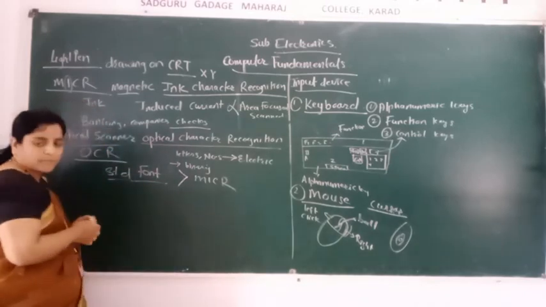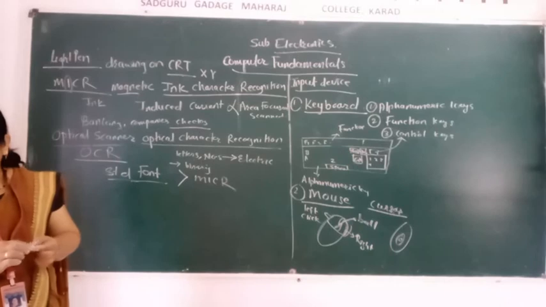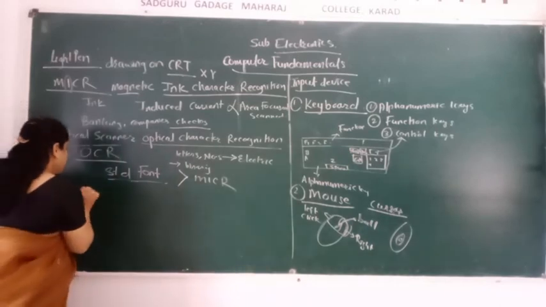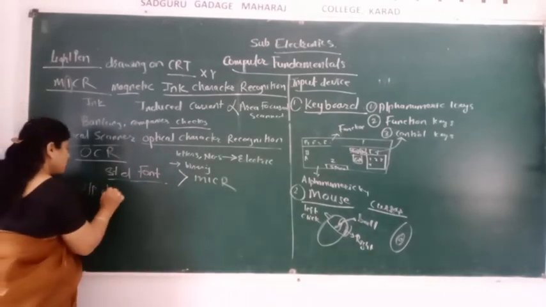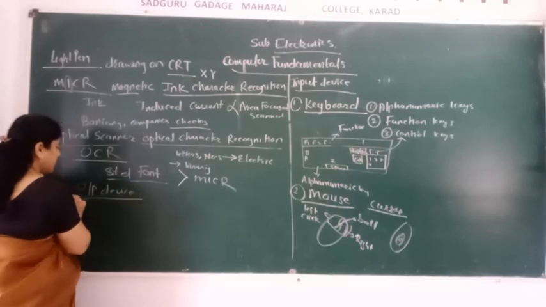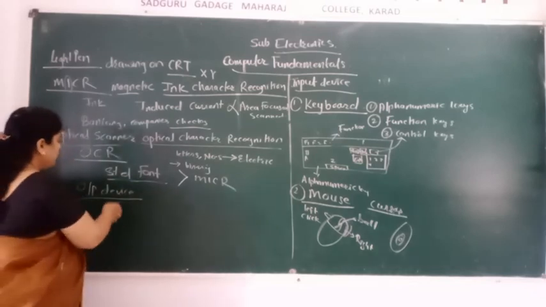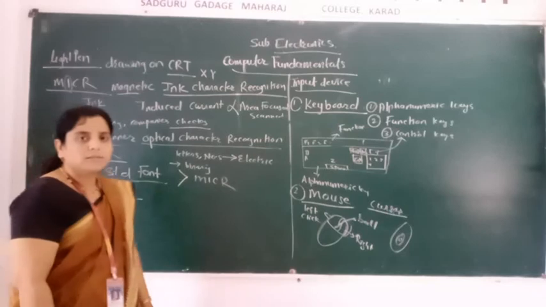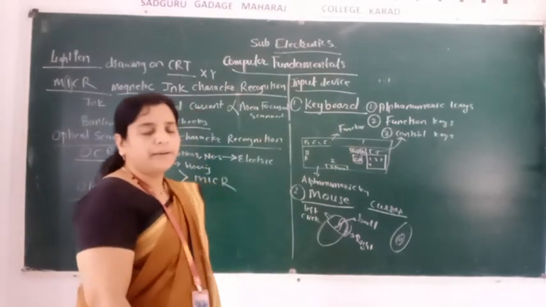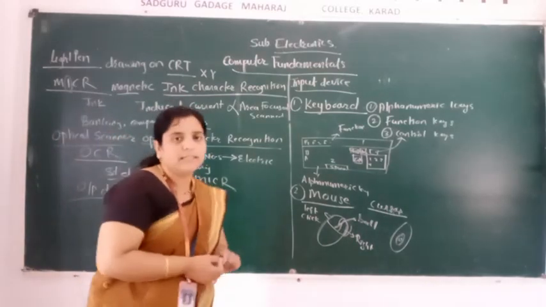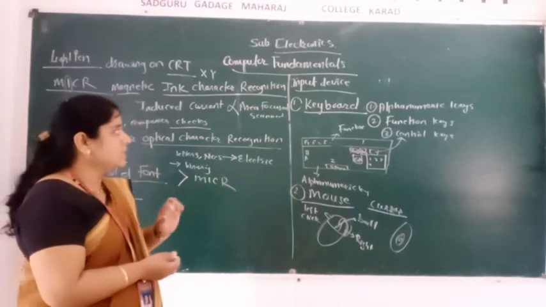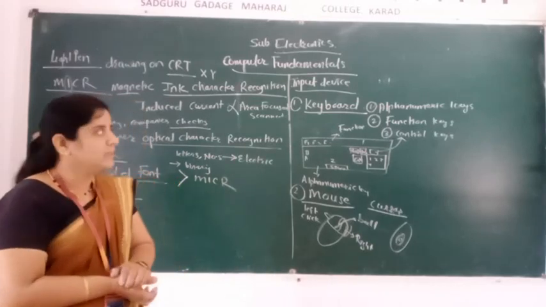After OCR, last is the output device. There are so many output devices, such as printers, that we will see in the next lecture. But in this lecture we have seen the input devices.